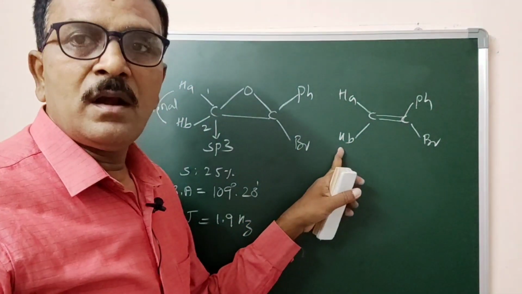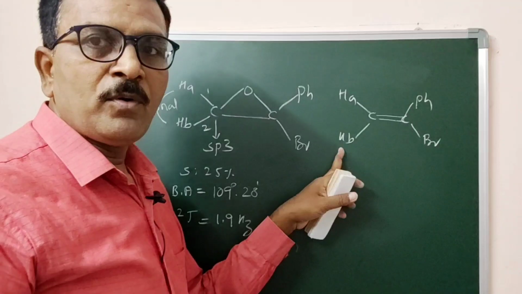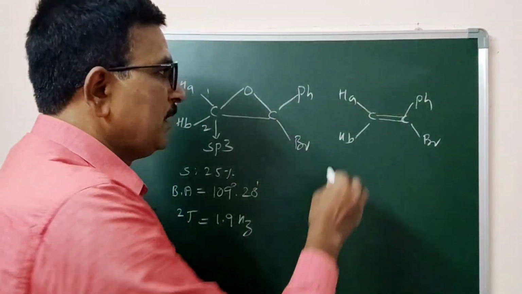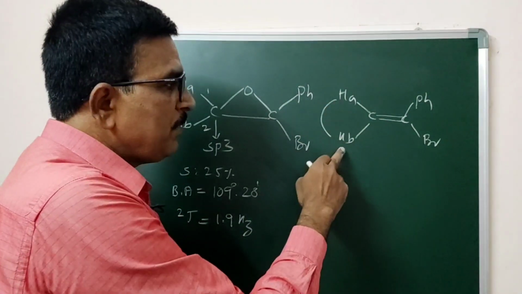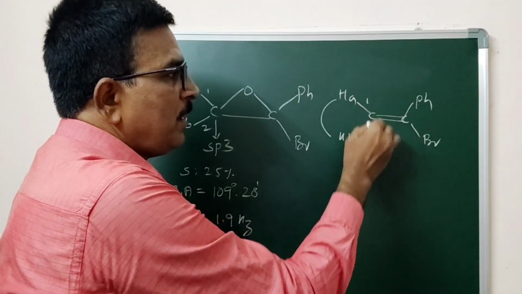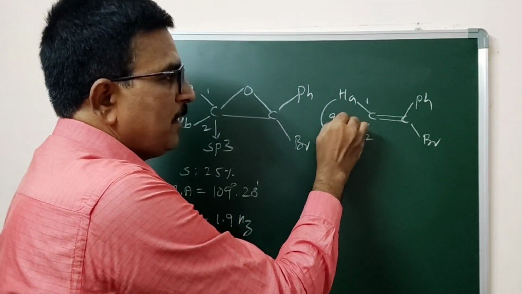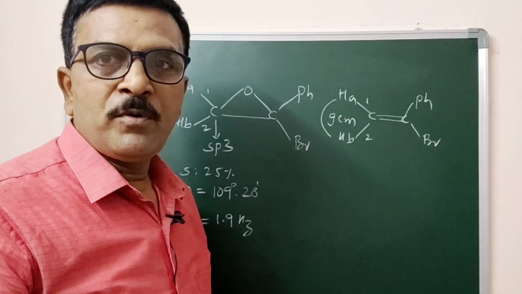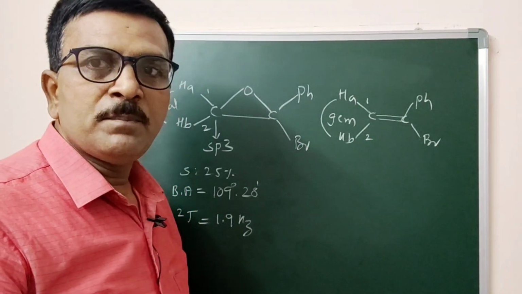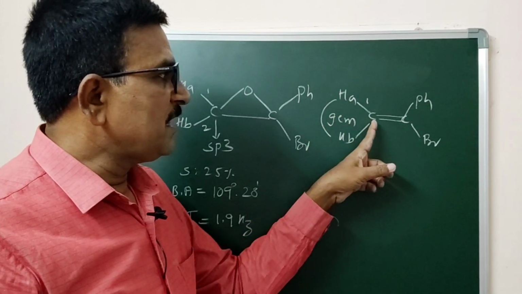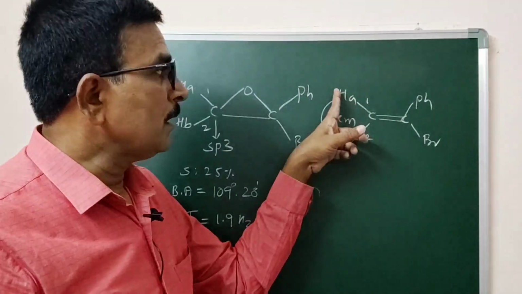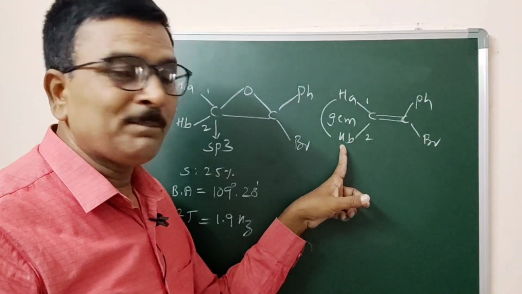Now coming to the second example, where HA is cis to phenyl and HB is trans to phenyl, meaning the A and B protons are non-equivalent, hence coupled. Between the A and B protons there are one bond and two bonds, therefore it is geminal. So the A and B protons are involved in geminal coupling. This is the carbon bearing the A and B protons under coupling.